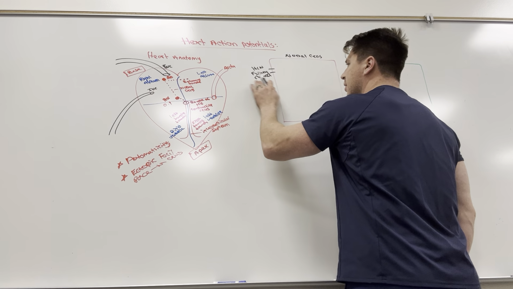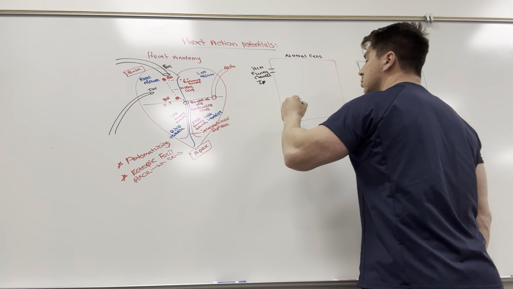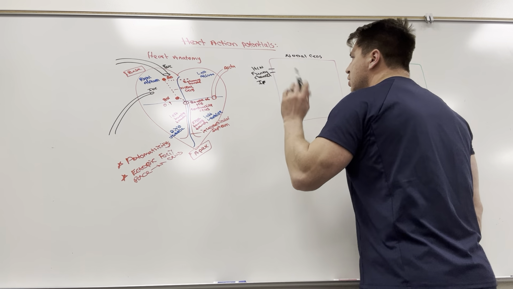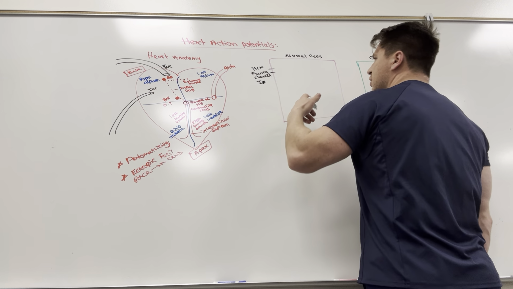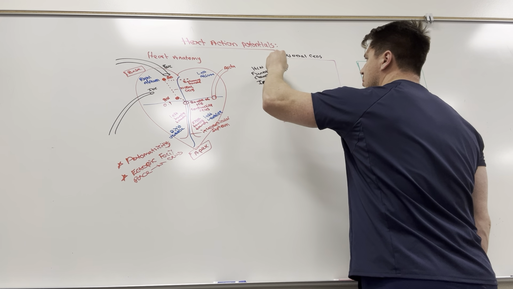No, these are ligand voltage gated channels, but this is called an IF channel. What's really important about the IF channel is that it is going to allow sodium to come in.